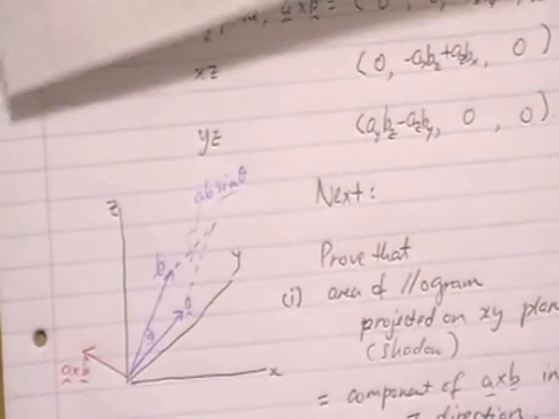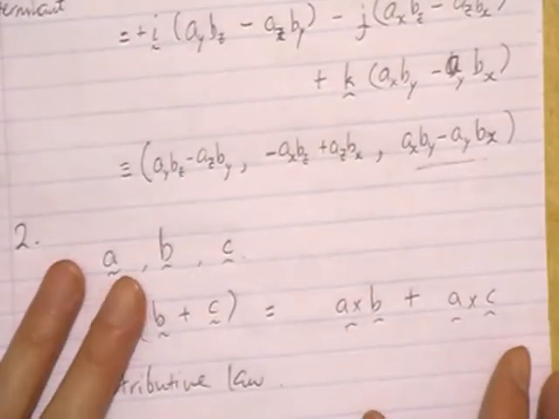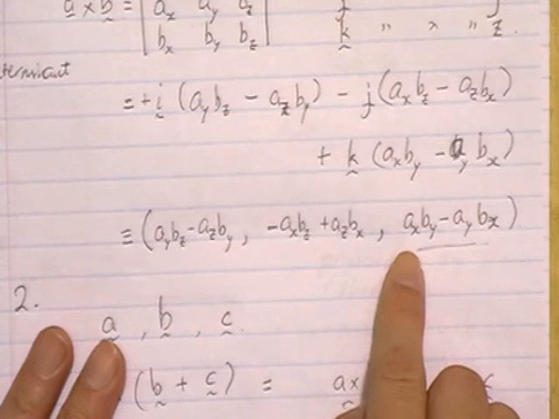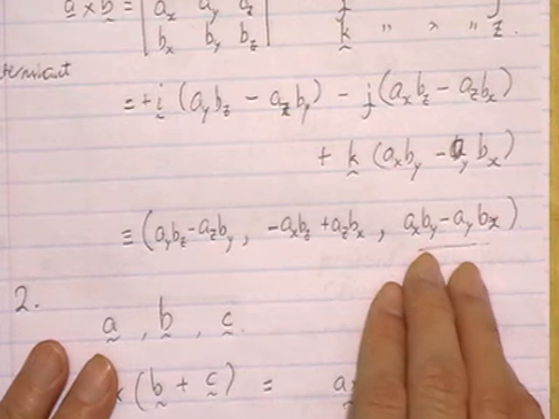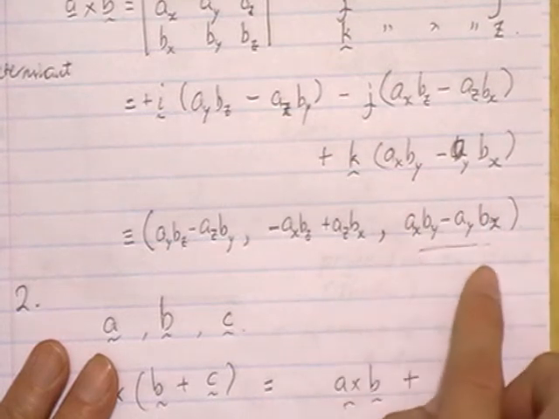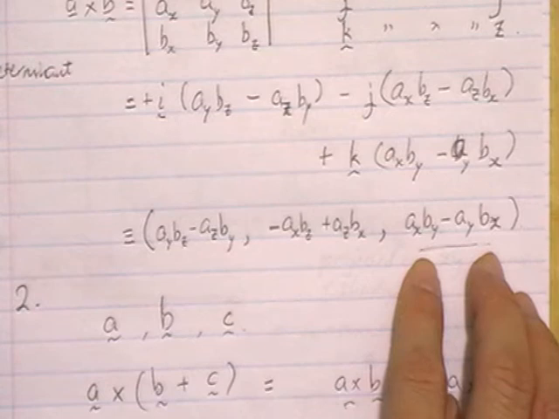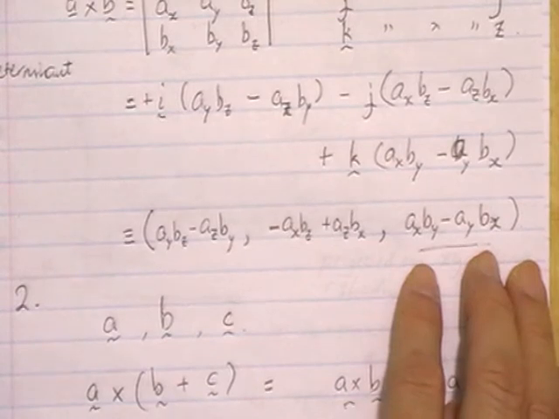And now if I want to actually show it for the general case when A and B are in any direction, basically what I need to show is that, first, according to the formula, this is in this appears to be connected to both the z component and an area in the xy plane.